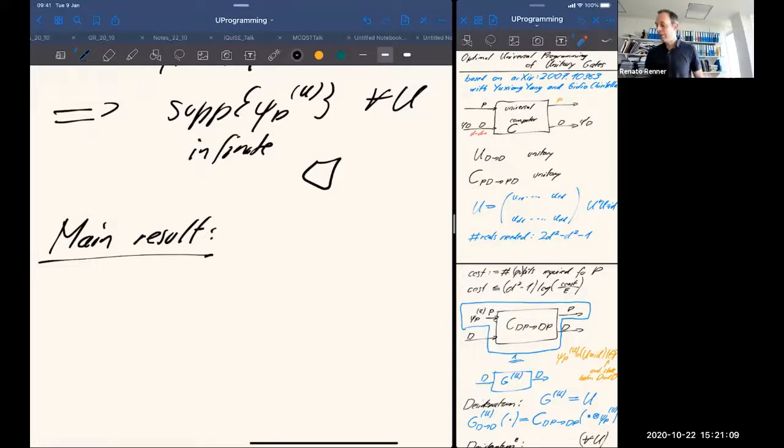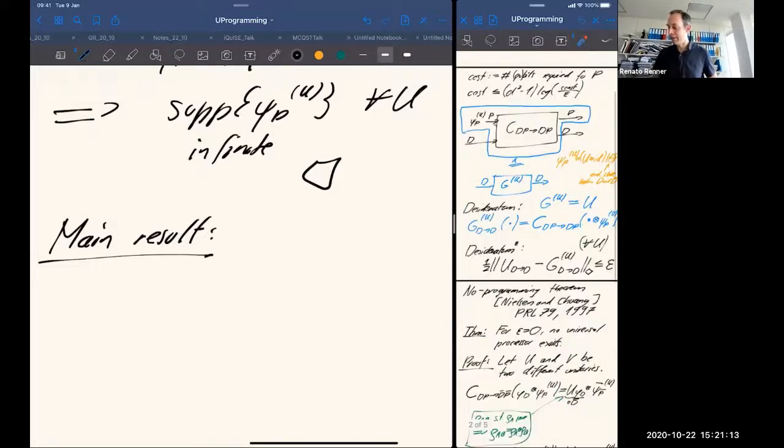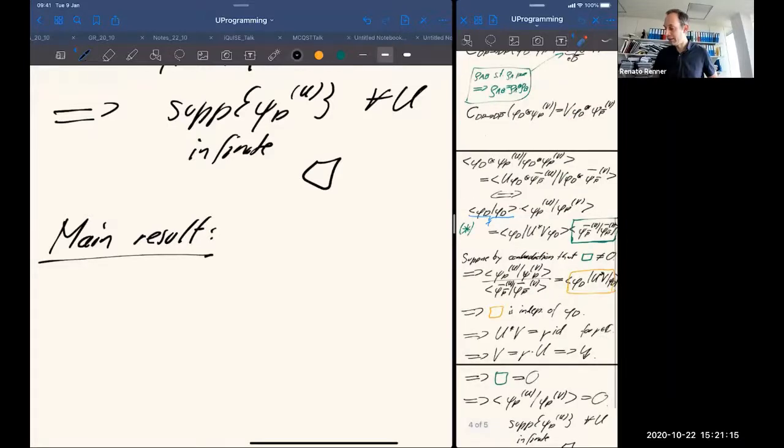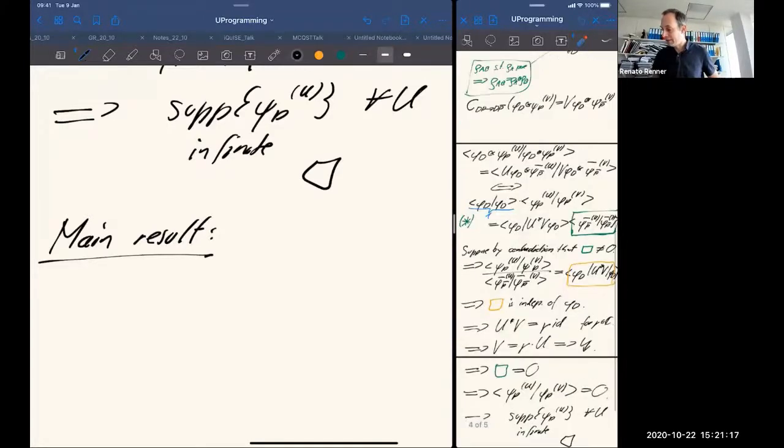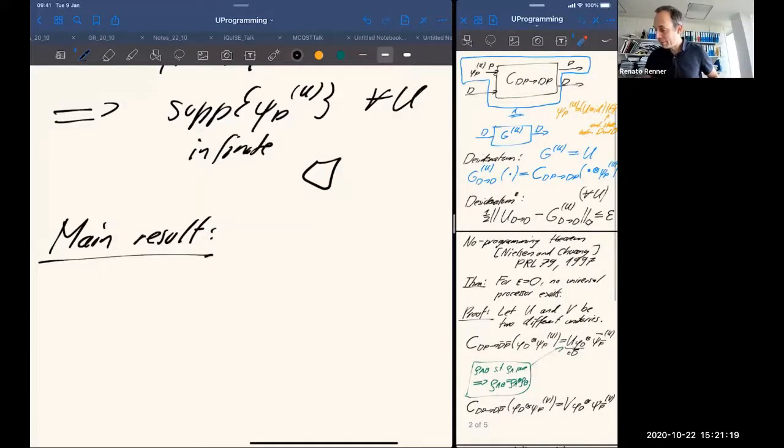Because you could now ask, okay, let's accept the fact that we cannot implement an arbitrary unitary, but let's go to this desideratum epsilon and tolerate an error epsilon. Is it then possible? And if yes, how large does the program need to be?